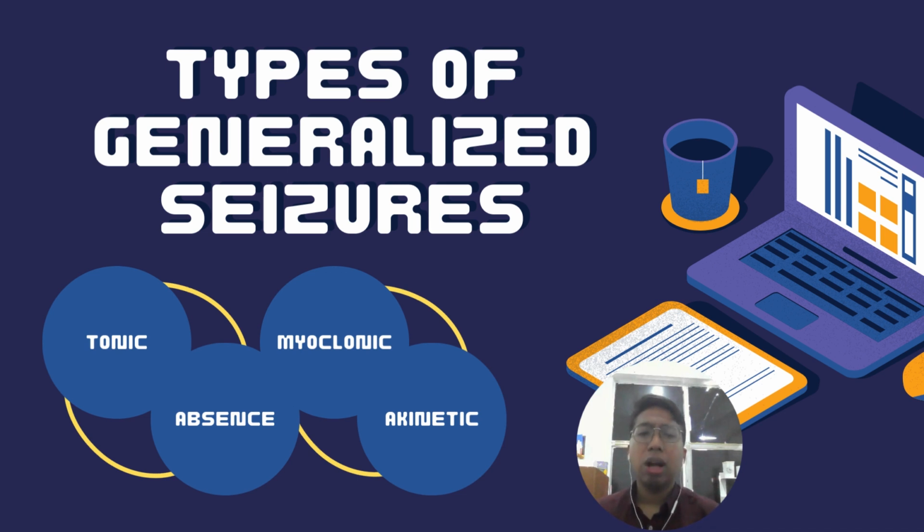And then types of generalized seizures, there are four, which are tonic, absence, myoclonic, and akinetic.